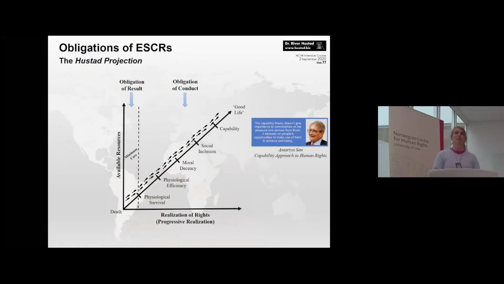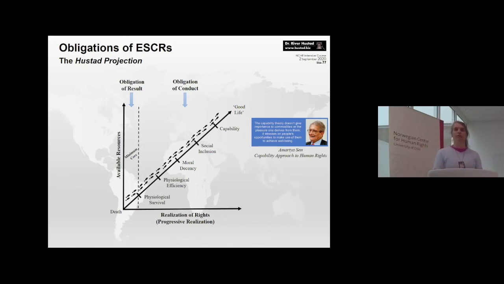So I've tried to graph this as a graphic projection to synthesize all of the aspects of what we've looked at of economic, social, and cultural rights: the available resources, the progressive realization, and the taking steps. And I've also put on a line there all of the different aspects of poverty, the major aspects of poverty.